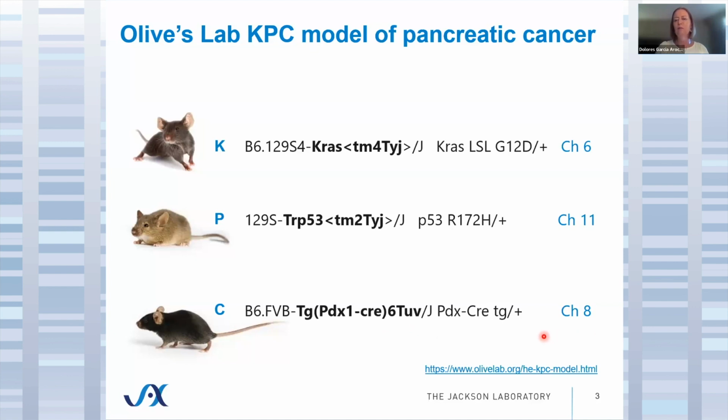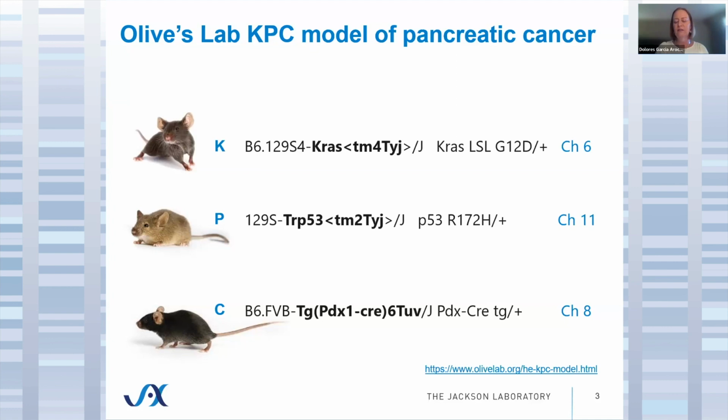So from the standpoint of one of the considerations that Neeraj mentioned, the 3 mutations are in 3 different chromosomes, so getting these 3 in one model shouldn't be an issue, and it's not. What's important to notice is that each mutation, on KRAS and P53, is impeded from being expressed because of a LOX stop codon sequence.